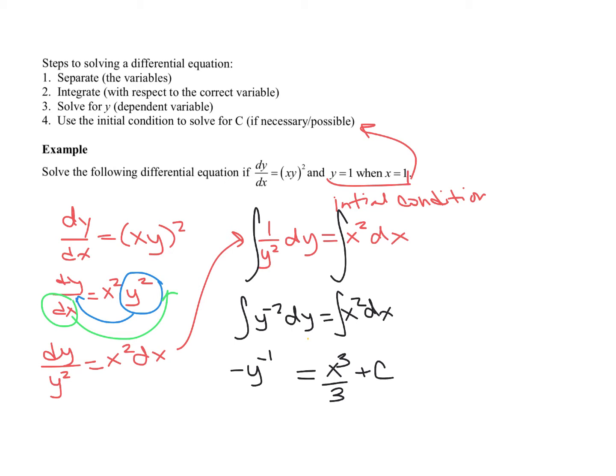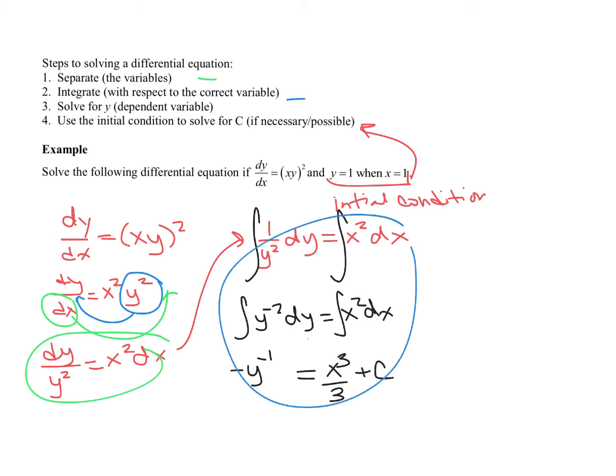Okay, so continuing on, we did the first thing, separating the variables. That was what we did right here. The second thing, we integrated it, and we did it with respect to the correct variable. That's what we did on these steps right here. The next thing that we need to do is solve this for y.